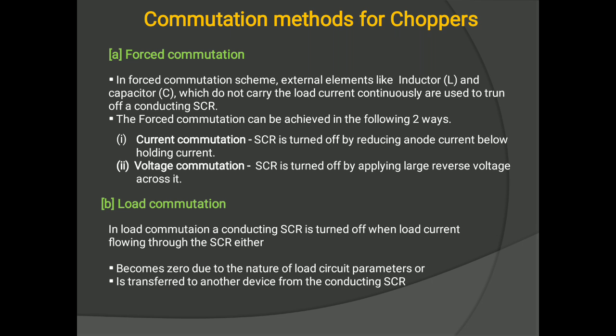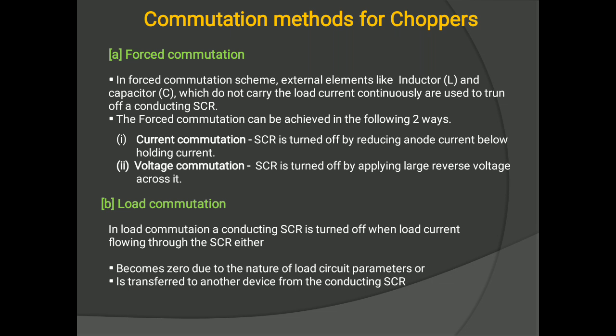Now voltage commutation. What is voltage commutation? In voltage commutation, a conducting thyristor is commutated by the application of a pulse of large reverse voltage. This reverse voltage is usually applied by switching a previously charged capacitor.